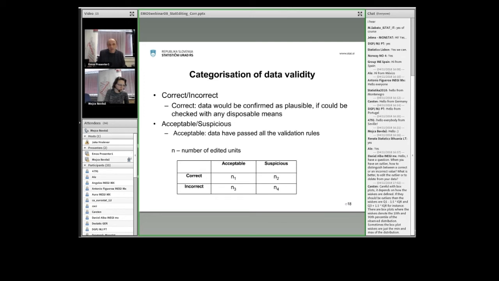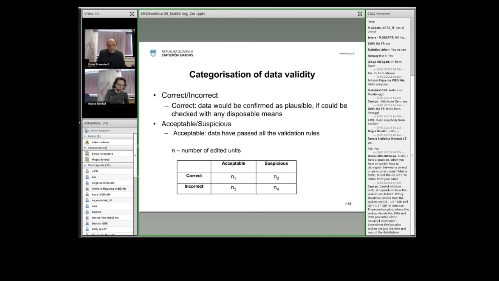Data would be confirmed as correct, as plausible, if it could be checked with any means at disposal. I will not operate here with the term true value because it's sometimes difficult to say if a true value exists or not. I prefer correct value. A correct value is one that would be confirmed as correct if you used any means you had at your disposal.